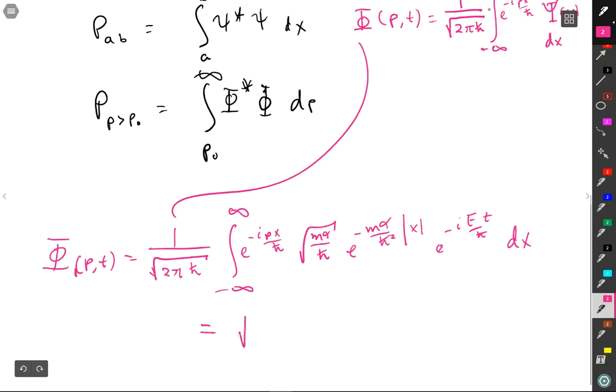equals square root of 2 over pi. Oh, wait. Yeah, I looked at the next line by accident. P0 to the 3 halves, e to the minus iEt over h bar, all over p squared plus p0 squared.